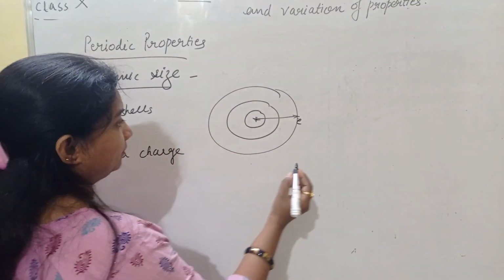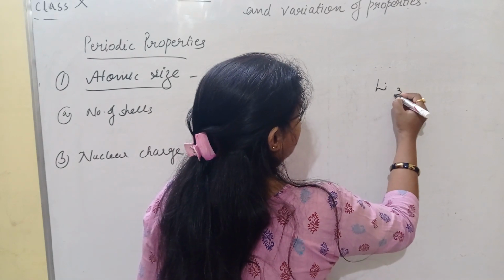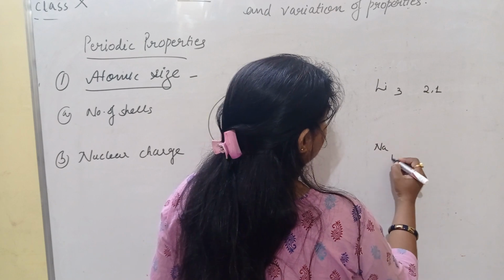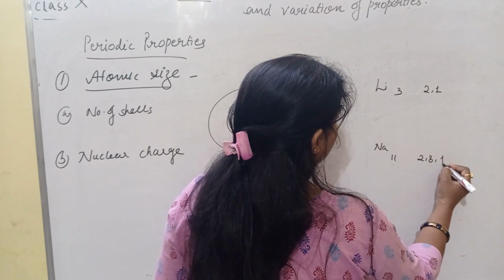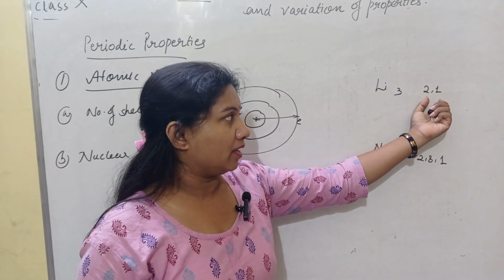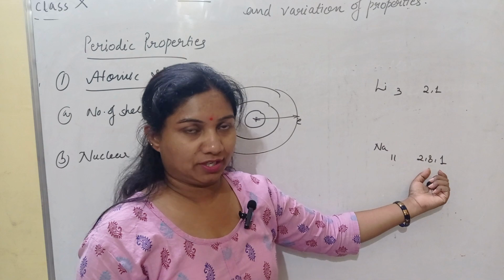For example, lithium, atomic number 3, configuration 2, 1; sodium, atomic number 11, configuration 2, 8, 1. From this configuration, you can see that lithium has 2 shells and sodium has 3 shells.